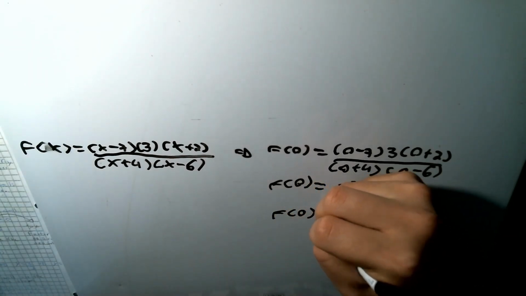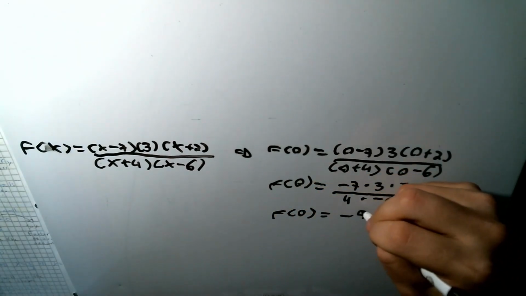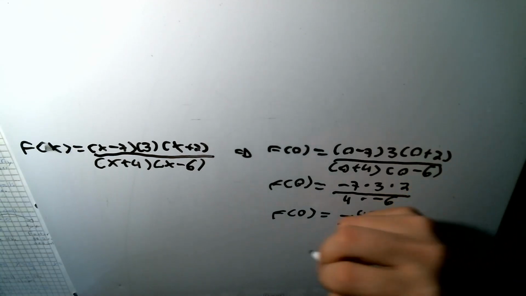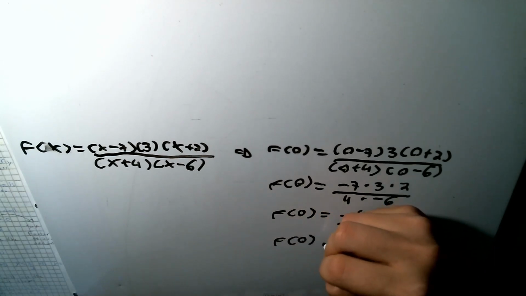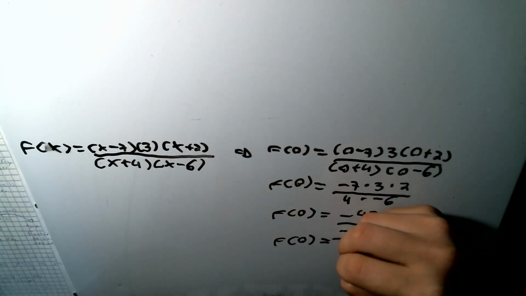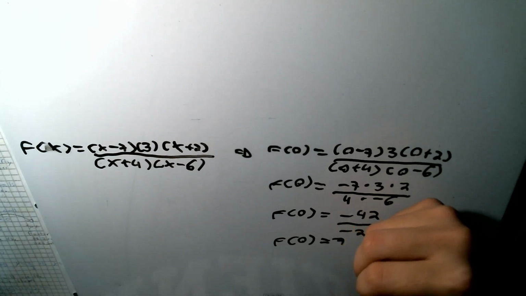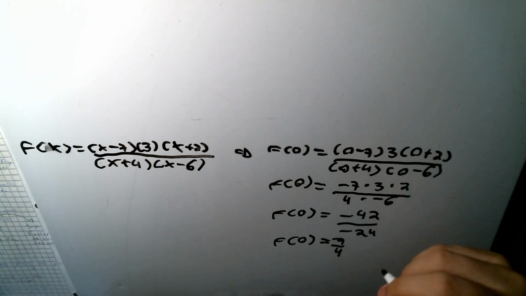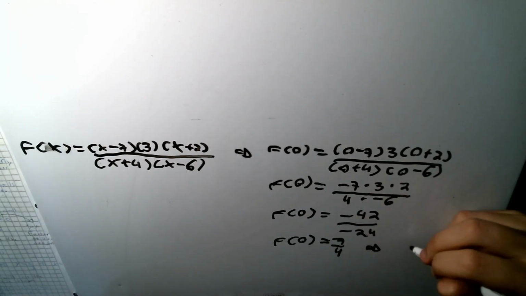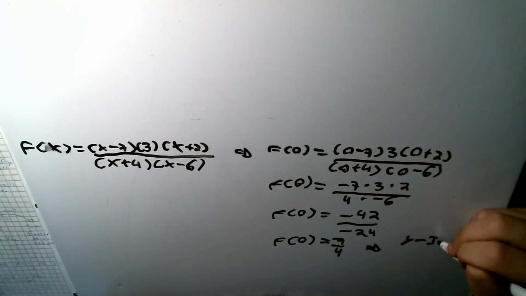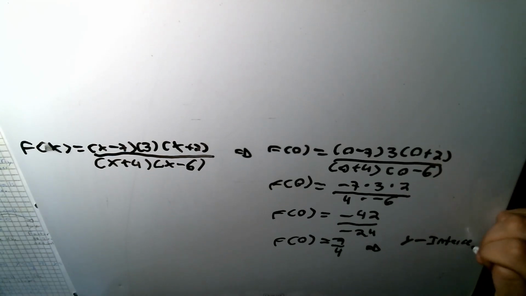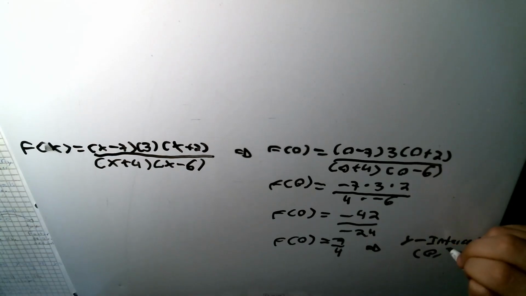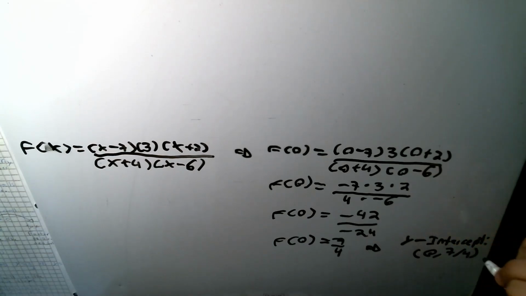F of 0 then equals minus 42 over minus 24, and f of 0 equals 7/4. Therefore the y-intercept is 0, 7/4.